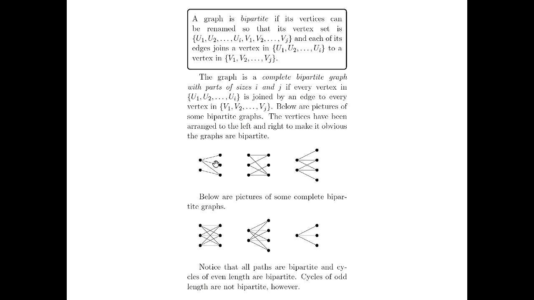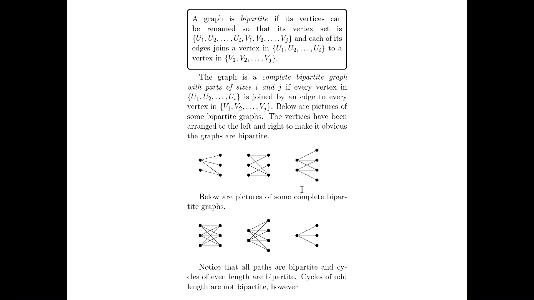Some of the edges across will be there, others might not be there, that's fine. So bipartite, notice that this is if you can arrange it. It doesn't have to be arranged like this in the picture you see. If you can rearrange it to have these two parts with no edges internal to either of the parts, then it's bipartite.